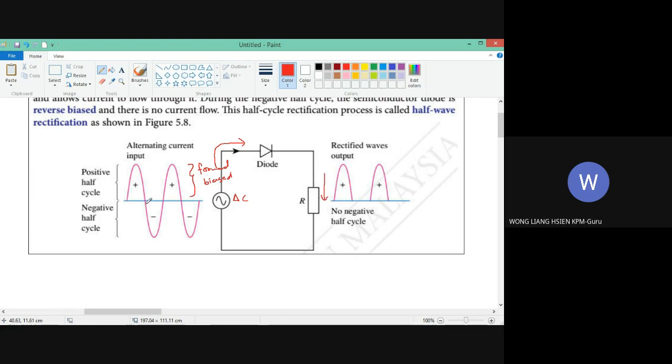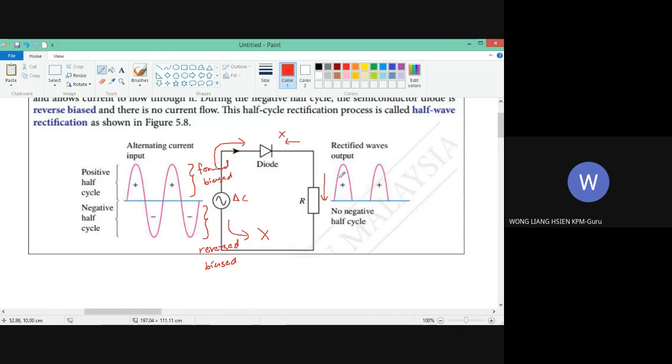So the current that passes through is only in this direction. But when the current changes direction, wanting to flow in the opposite direction, the current cannot flow because it is reverse bias. This part is forward bias, this direction is reverse bias. So the reverse bias half cycle or the negative half cycle cannot pass through. So you see, the current that passes through the load has no negative half cycle, only the positive half cycle passes through.